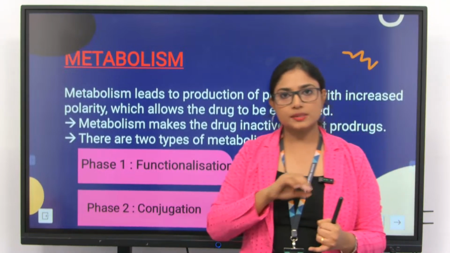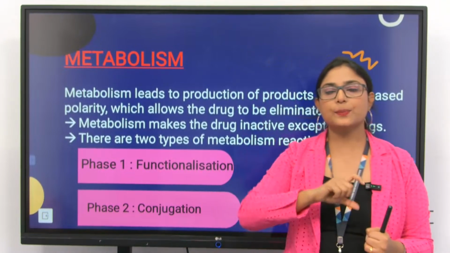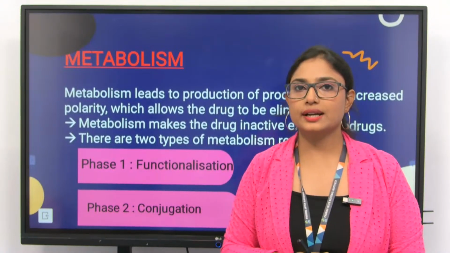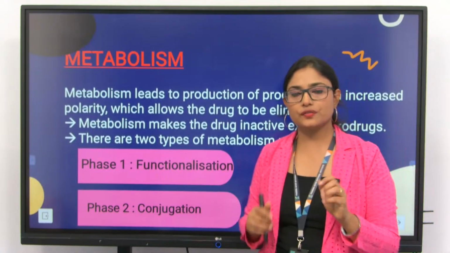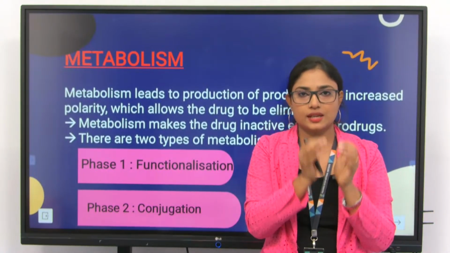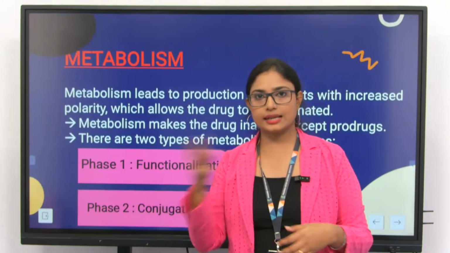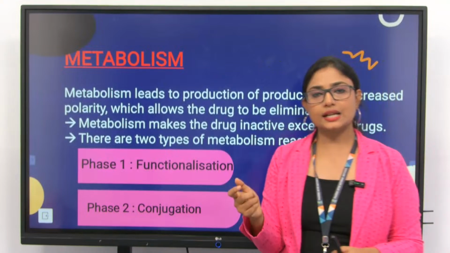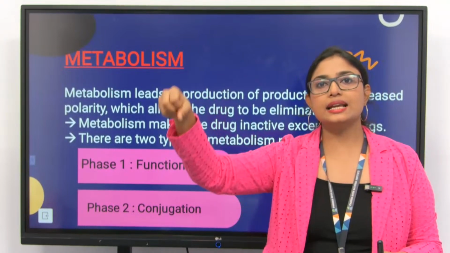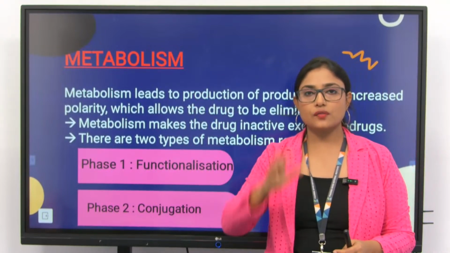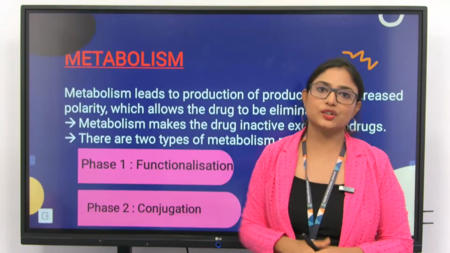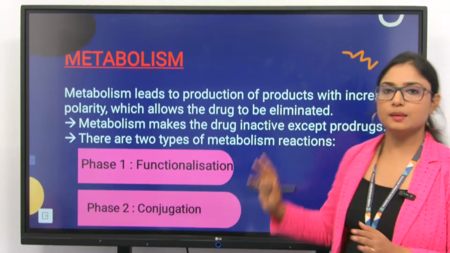So metabolism is nothing but the conversion of lipophilic drug to hydrophilic drug, or the conversion of active form to inactive form. If it is lipophilic in nature, it is readily active. It can readily cross the cell membrane and get easily absorbed. That is simply the metabolism.